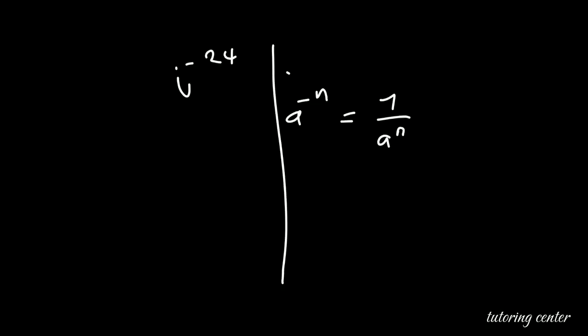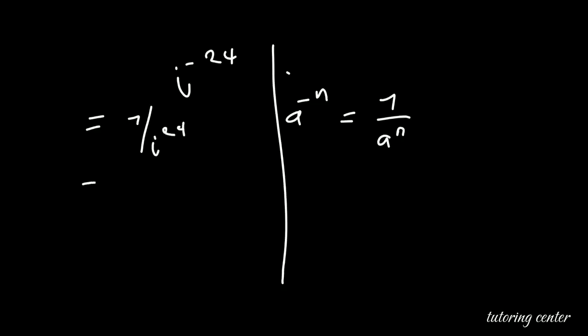I told you at the start of the video that with a good simplification foundation, you won't have a problem. Let's take a look at, let's say, i to the power -24. We know that a to the power -n is equal to 1 over a to the power n. This simply means that i to the -24 is equal to 1 over i to the power 24.